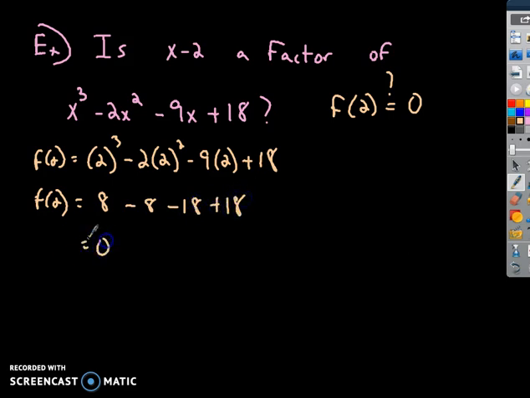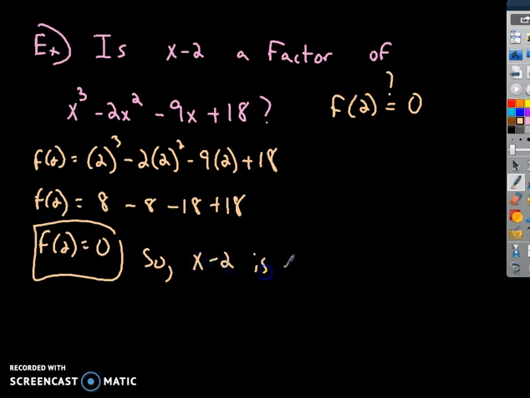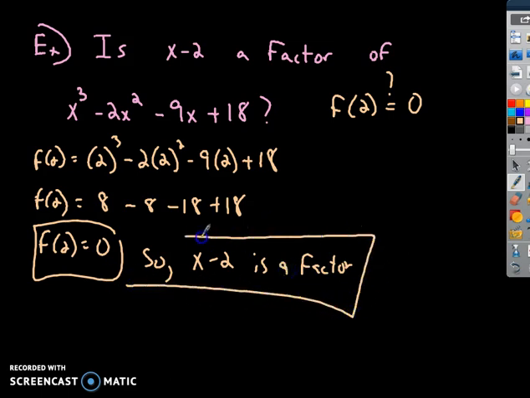That's 0. So f of 2 is 0. So x subtract 2 is a factor. So that's how I can prove it's a factor. If I could plug in 2 for all the x's and get 0, that means it must be a factor.